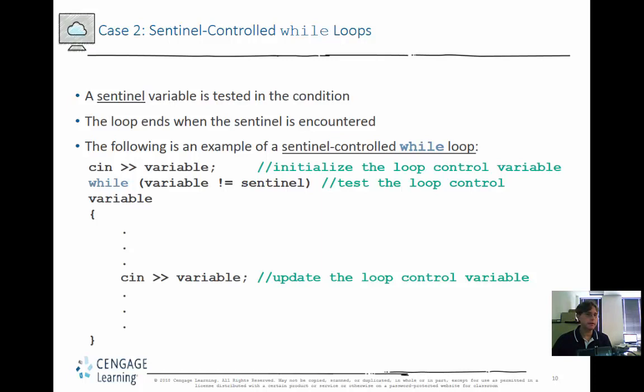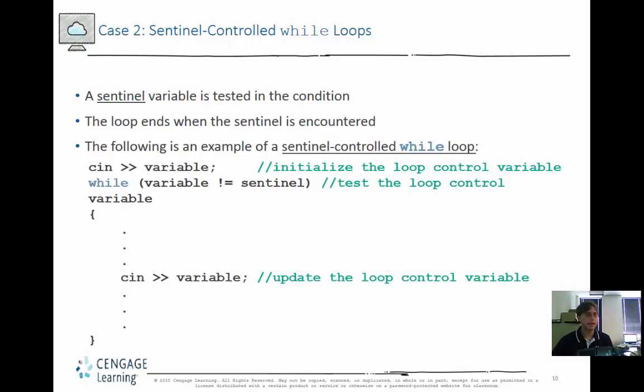A lot of times it might be like while your variable is not equal to negative 999. If you've ever seen that before, that's what people used to use in the old days, a negative 999 or negative 9 or some kind of negative number, assuming that the normal values are positive numbers.